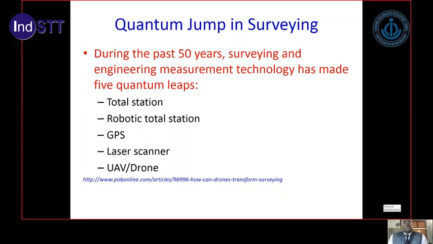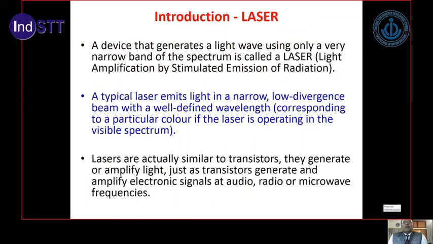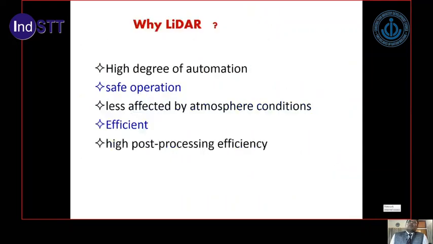Now, why should we use laser technology? This technology will give us very accurate three-dimensional coordinates, even in adverse weather conditions. That is why this technology is very useful, because we get a high degree of automation.